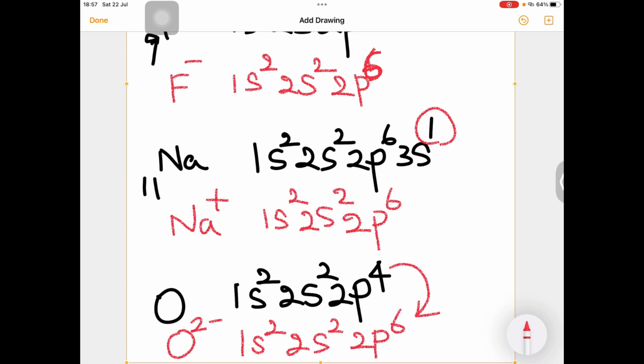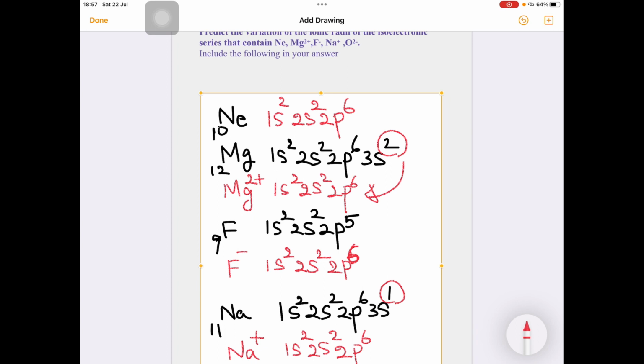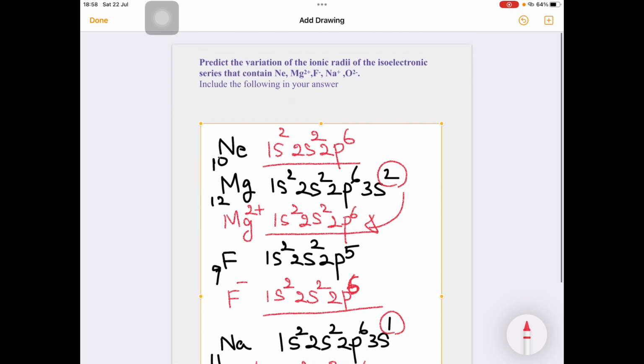Now we can make a comparison. As you can see, this neon, magnesium 2+, fluoride, sodium plus, and oxide, all these ions and the neon atom all have the same electronic configuration.